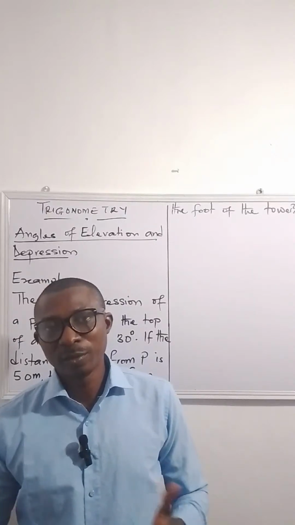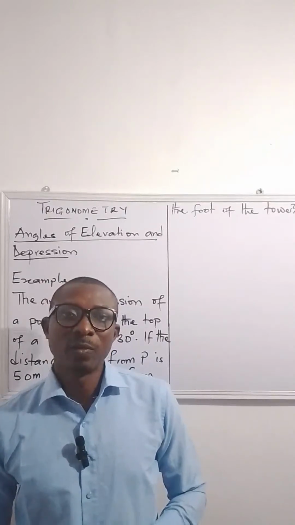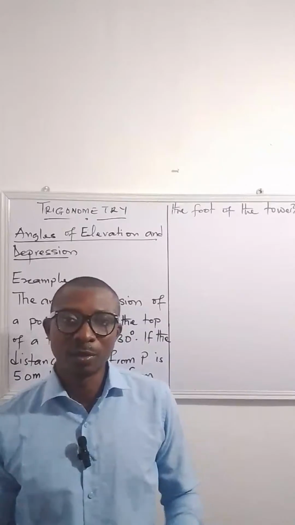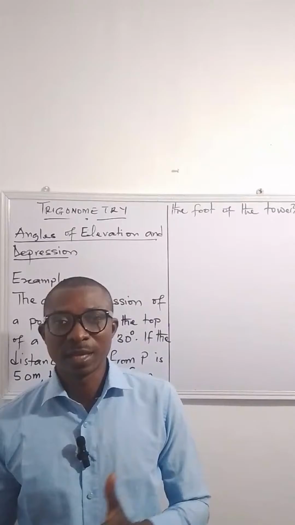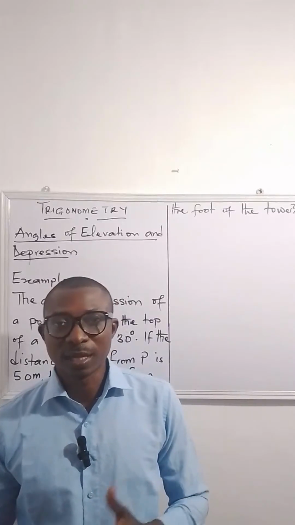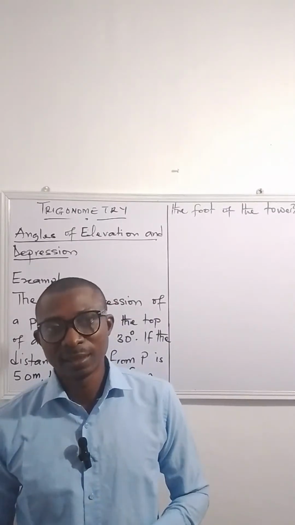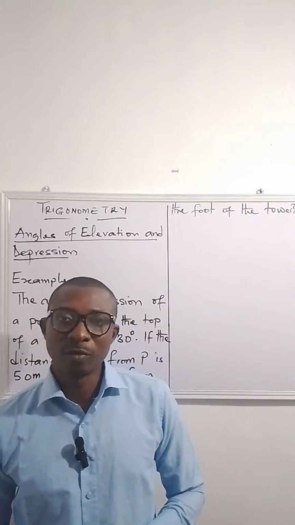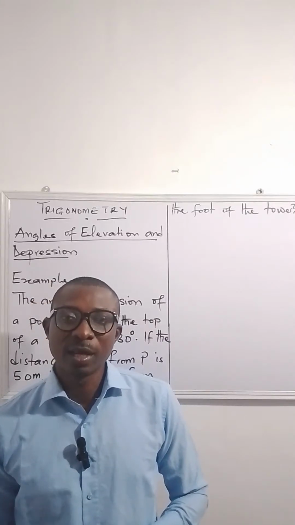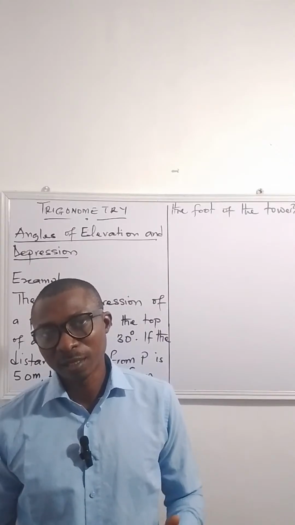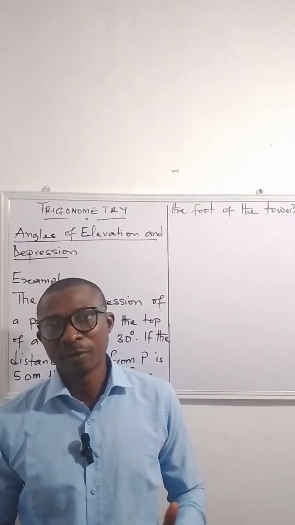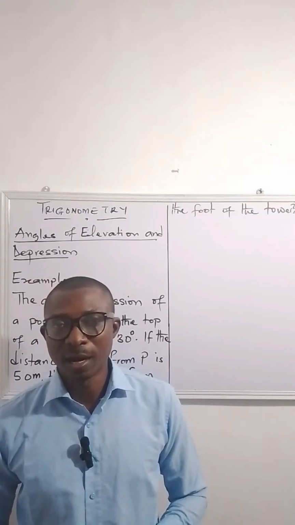You must be able to tell me, without making use of your calculator or your four-figure table, what sine 30 is, cos 30 is, and tan 30. The same thing also applies to angle 45 and that of 60. The last time we looked at problems involving special angles.